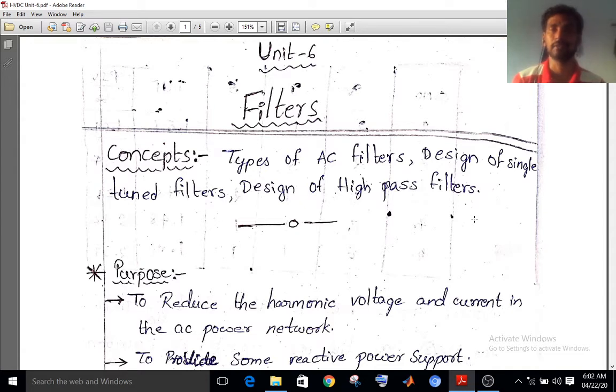Anyhow, it won't provide the entire reactive power support required by the HVDC system, but some amount of reactive power support will be given by this filter to the HVDC transmission system.